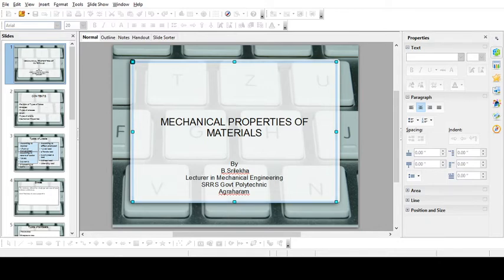Axial loads are the loads which are applied along the longitudinal axis of the structural member. Simply you can say that it is along the center line of that particular member.